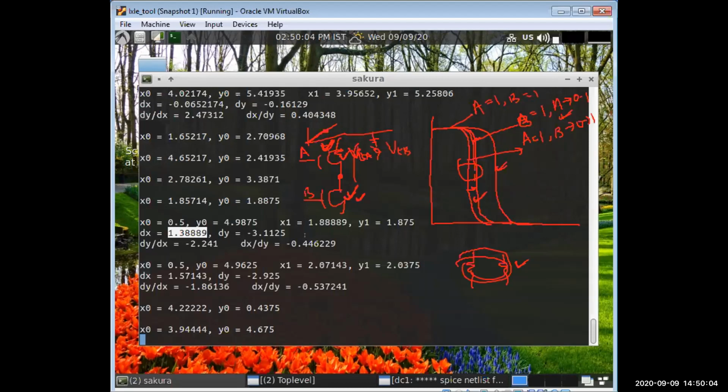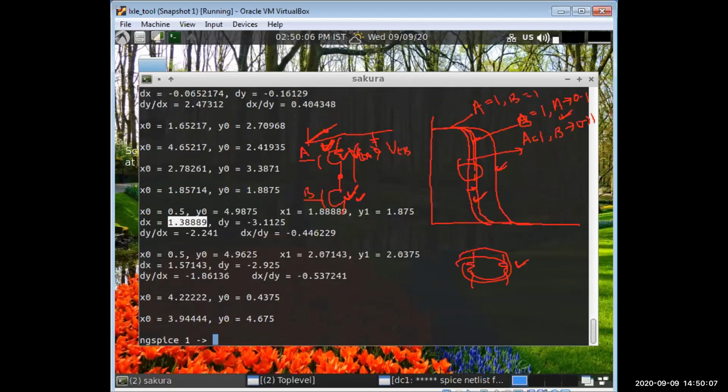Yes or no? Clear or any doubt here? Everyone understood this part? Why there is a shift to the right side? Yes, sir. Okay. So generally you can say this is a slow device. In this branch, this is a fast device and this is a slow device.